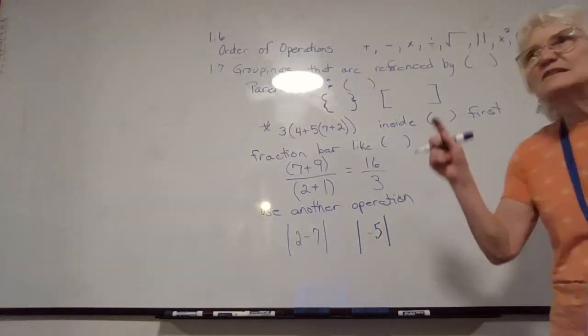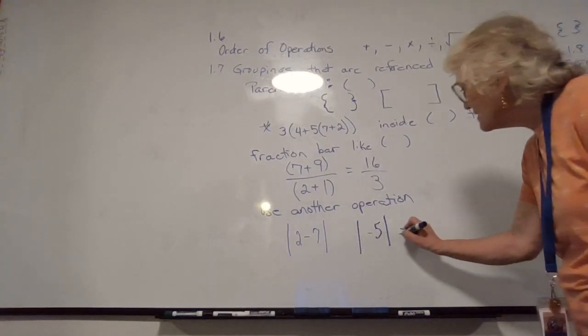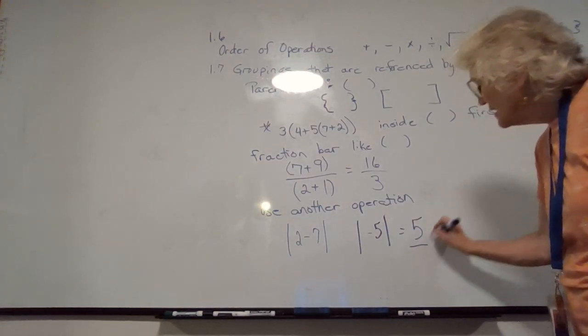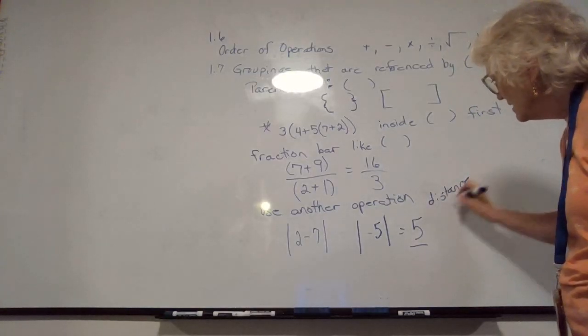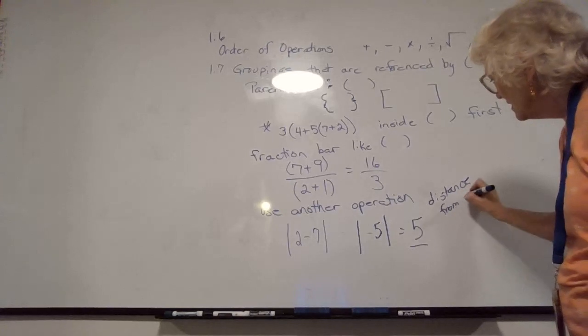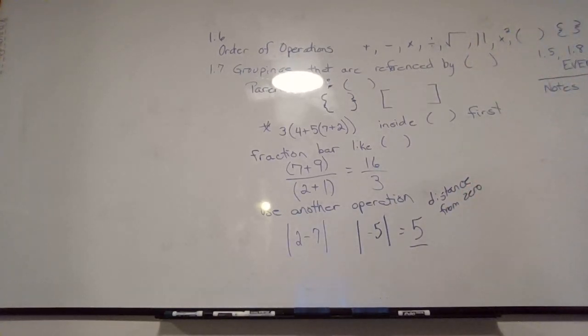Absolute value is the distance from 0. Negative 5 is how many steps away from 0? Yeah. 5. So since it's the distance from 0, when we measure distances, we measure them as positive numbers. Okay?